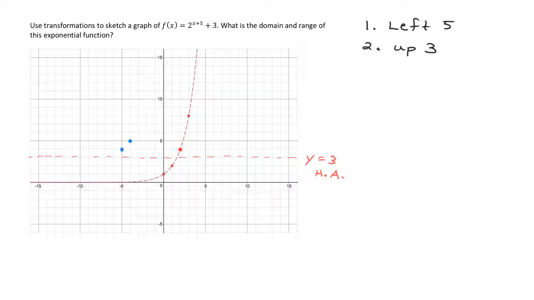So here's the point 2, 4. I'm going left 5 and up 1, 2, 3. So that's negative 3, 7. And the last point here, I'm going left 5 and up 1, 2, 3. I get the point negative 2, 11.